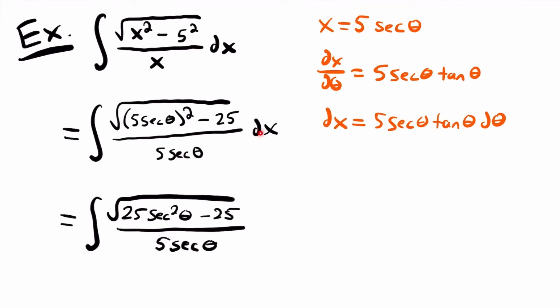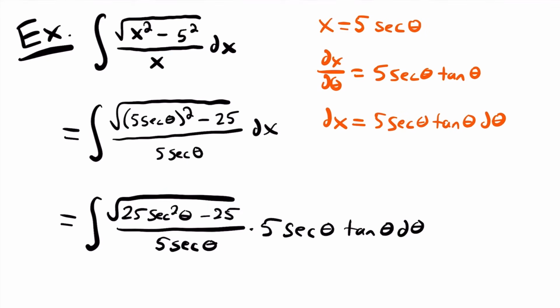And now let's replace dx with this expression. So we'll multiply by 5 times secant theta times tangent theta d theta. All right, and so now our integral is entirely written in terms of theta. And so now what we want to do is simplify what we have here and then integrate.